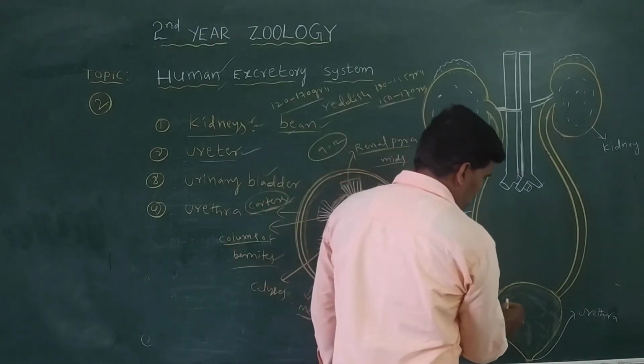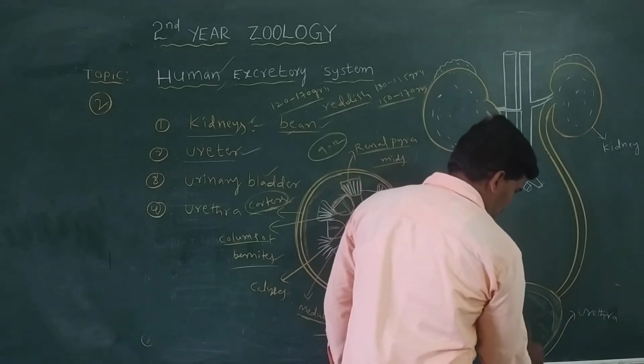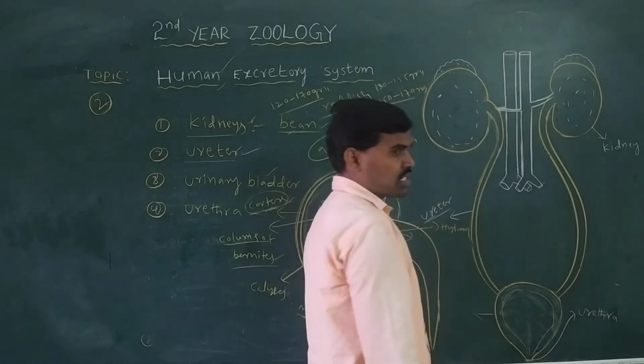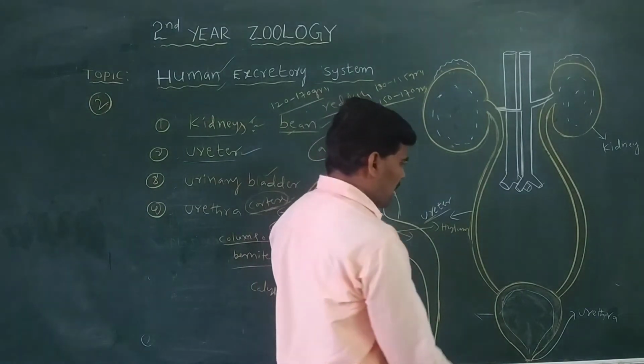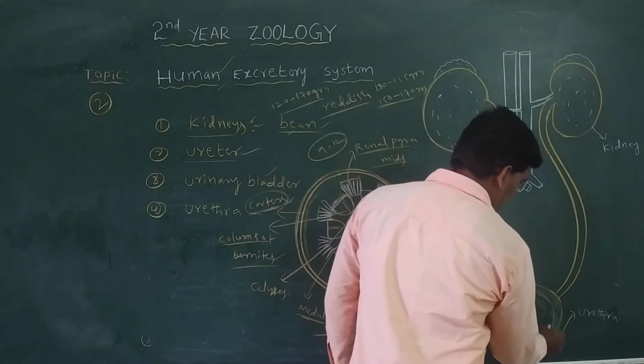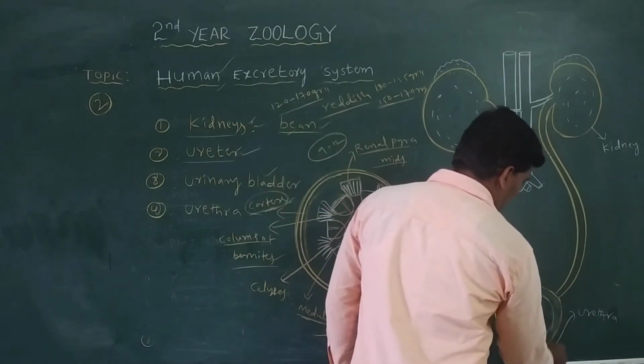The smooth muscles are highly developed in the urinary bladder, which is a pear-shaped, bag-like structure.